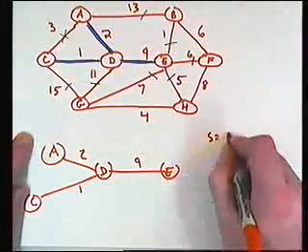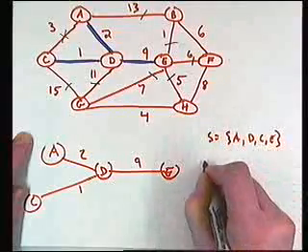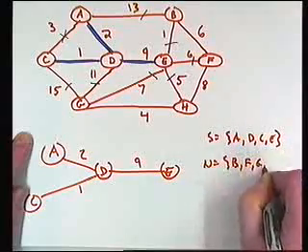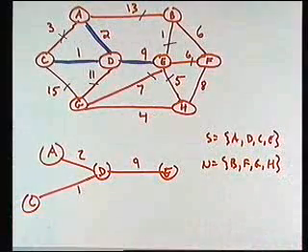The set S consists now of A, D, C, and E, and the set N consists of B, F, G, and H, and that's the next step in the algorithm.